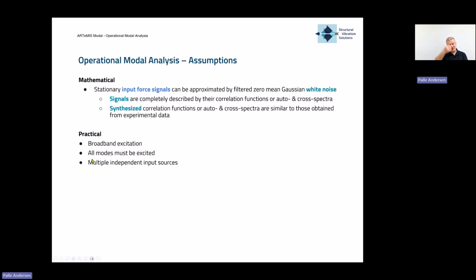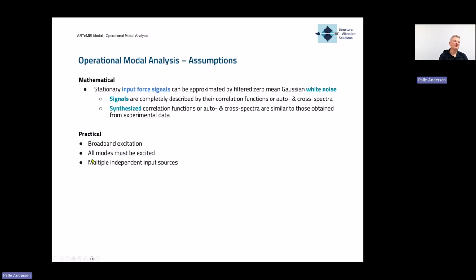So you have to make sure that whatever you are looking for actually is excited. It can be that you have broadband excitation, but maybe this broadband excitation is only exciting the low part of your frequency range, and the high part is not so nicely excited.